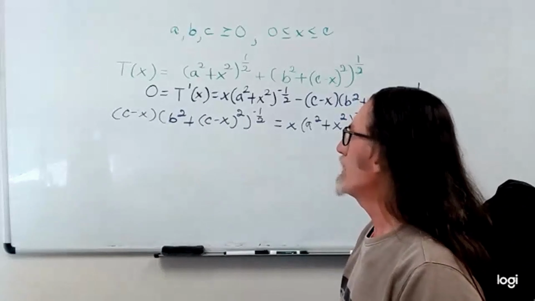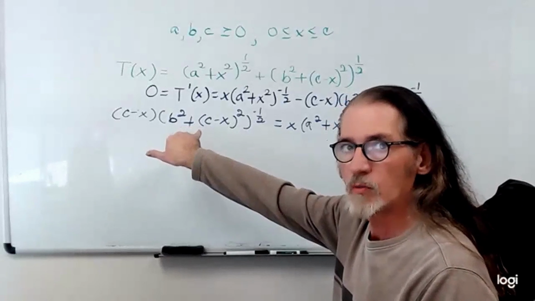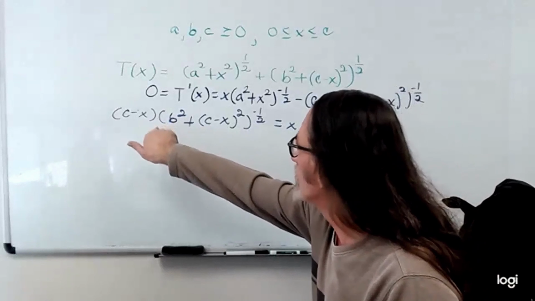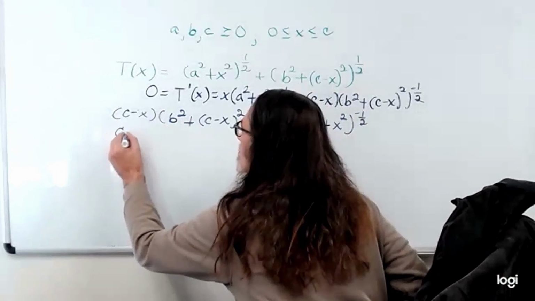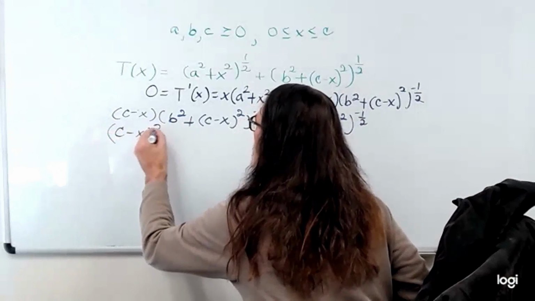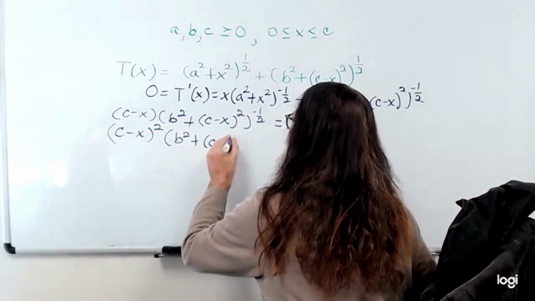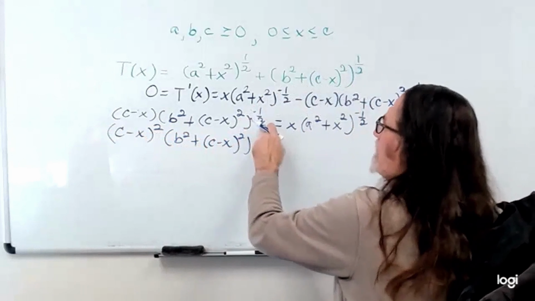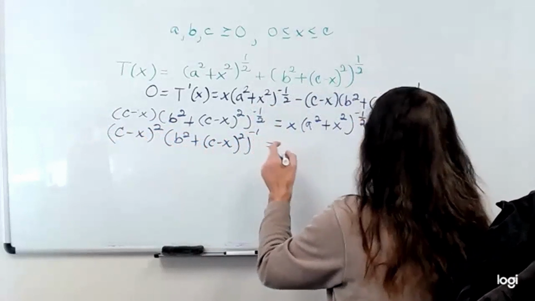Let's square both sides, and as part of that, for lack of a better word, distribute the squaring to the 2 factors here and the 2 factors here. Squaring of this factor will get rid of that denominator in the exponents.